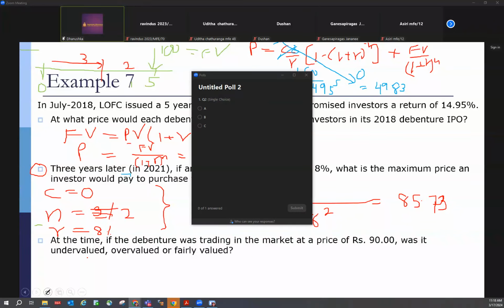So same thing, undervalued is A, overvalued is B, fairly valued is C.